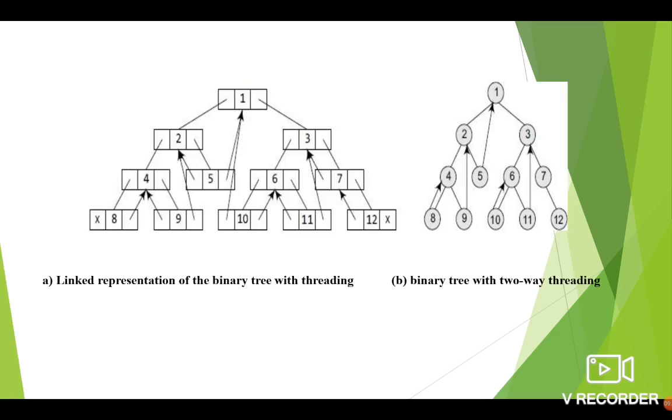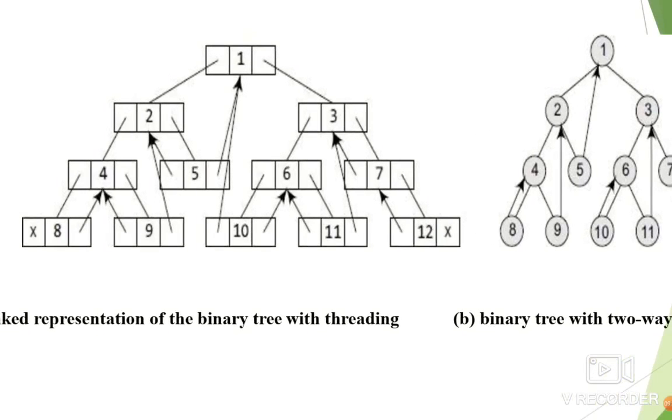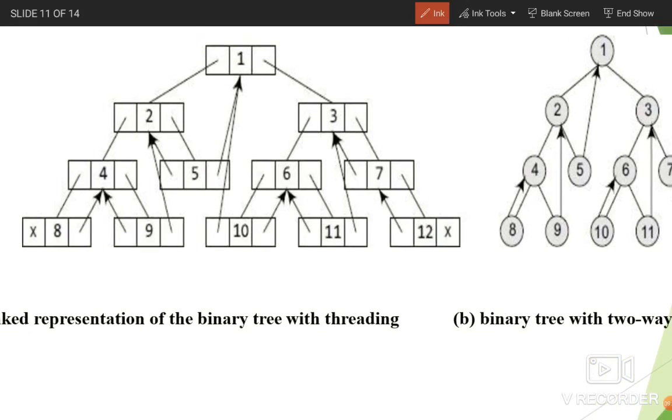So consider this figure. Here, for the node 8, we don't have a right child, so it is null. Instead of storing null, you can store the address of 4 here. For the node 9, its left child is null.